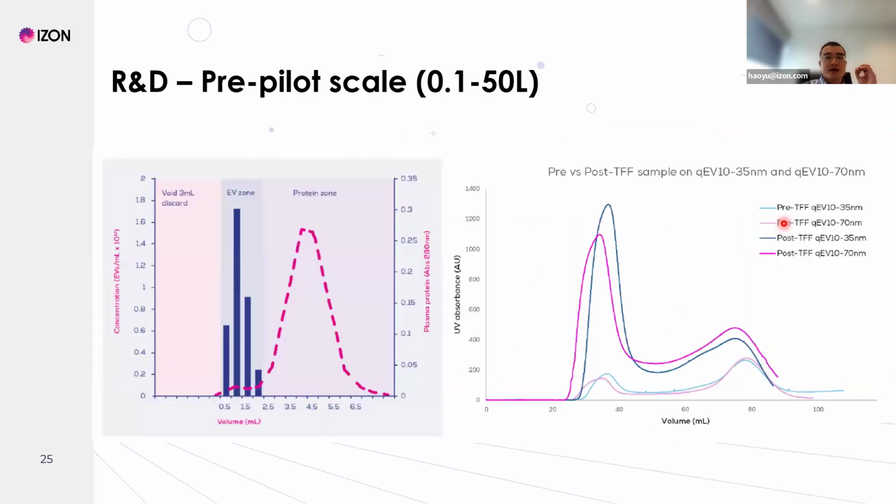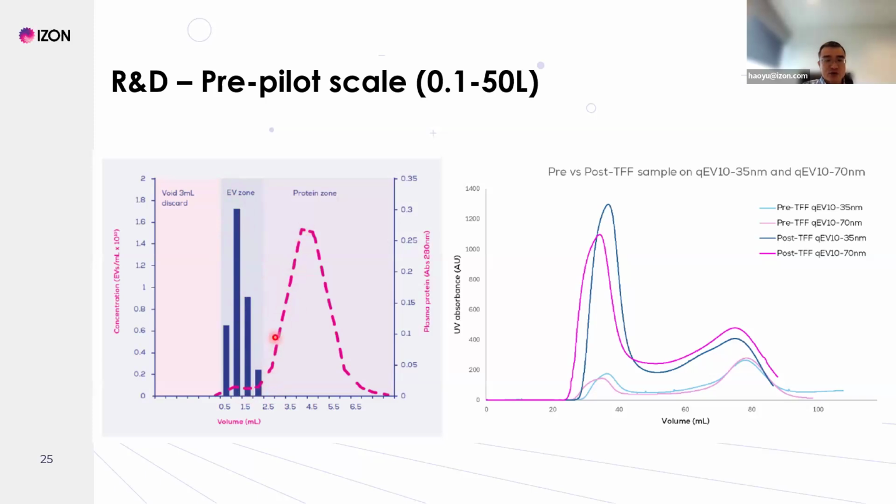And here are some results. Each of our columns has a default void volume, which means it does not contain any EV particles. Then this is the EV zone we recommend to harvest. After that, because the resin has small holes, proteins get trapped in those small holes and elute later.